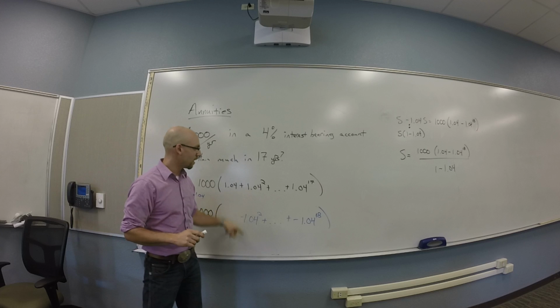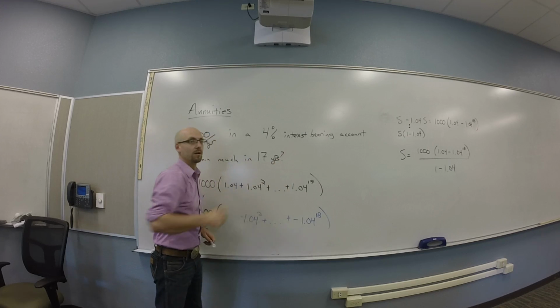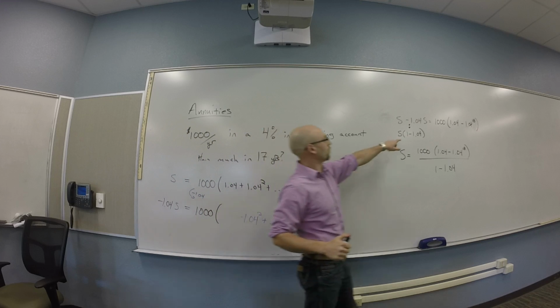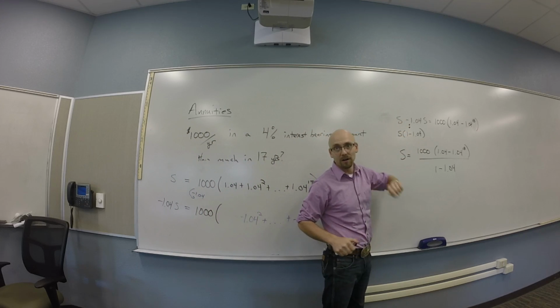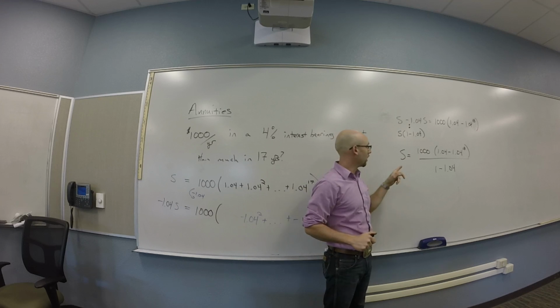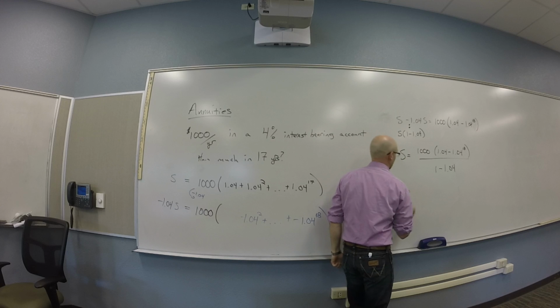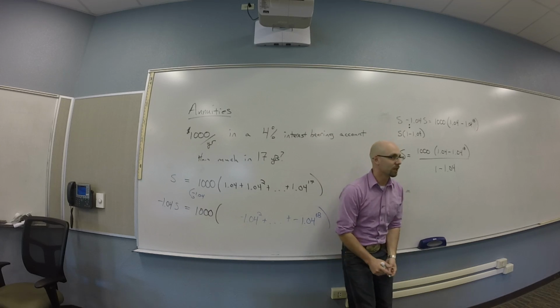Yeah, you want to make a telescope. So you're making things fold into each other, right? And then you need to remember to call it something and factor so that you can divide. So you get it here, and then this is some number that you can punch in a calculator, right?